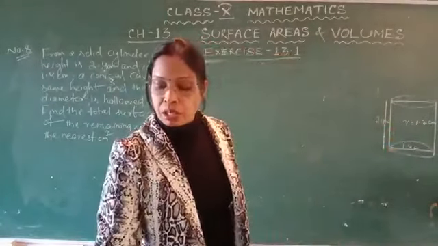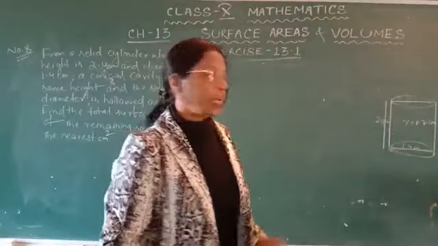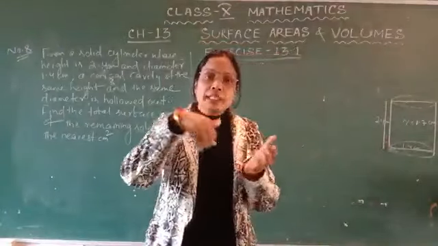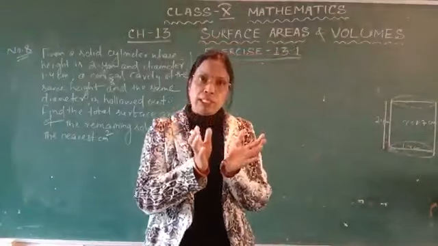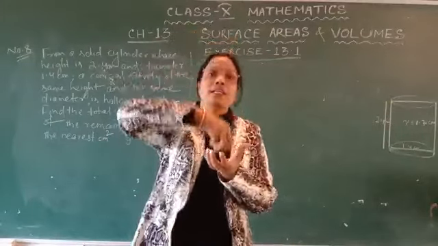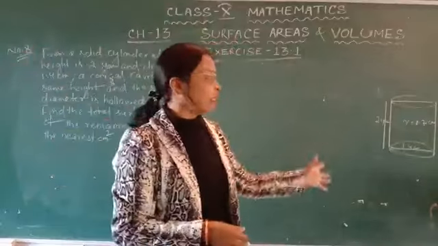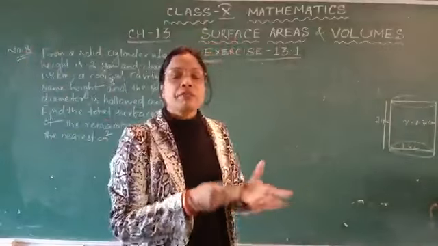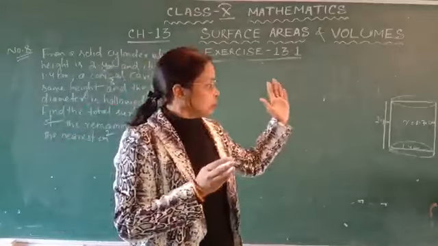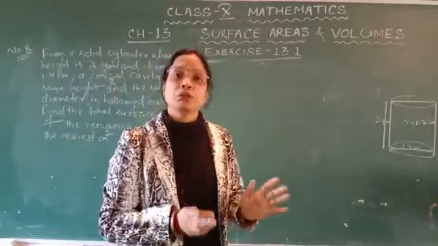Again here you see a conical cavity of the same height and same diameter. So the cylindrical shape is a solid, and from it a conical shape is cut out. From this cylindrical solid we cut out a conical shape whose height is also 2.4 centimeter and the diameter is also 1.4 centimeter.